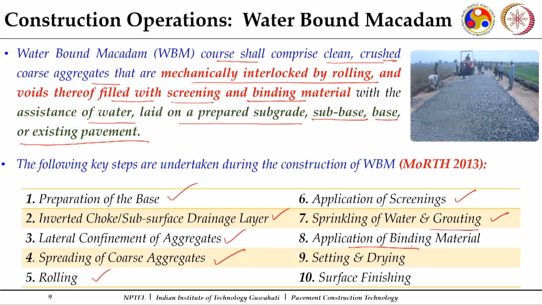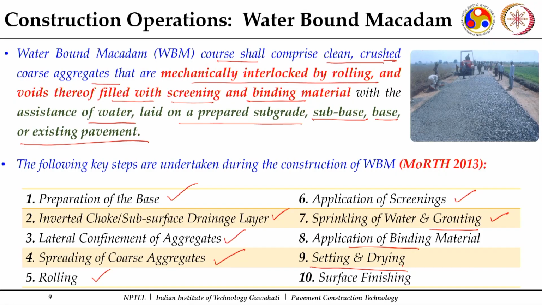Wherever further requirement of binding material is there, that is again put over it and compacted with the application of water. Finally, it is allowed to set and dry and checked for any surface irregularities or surface defects, so as to achieve finally a finished surface for the next layer to be constructed.